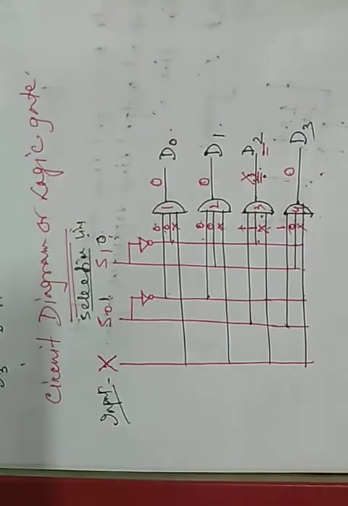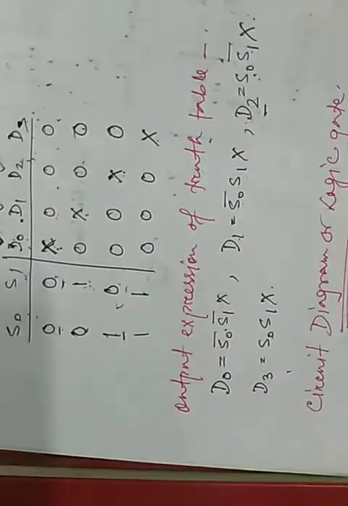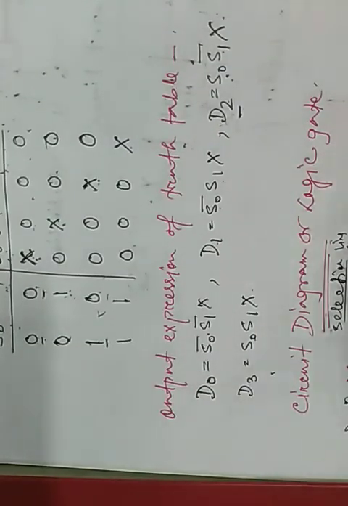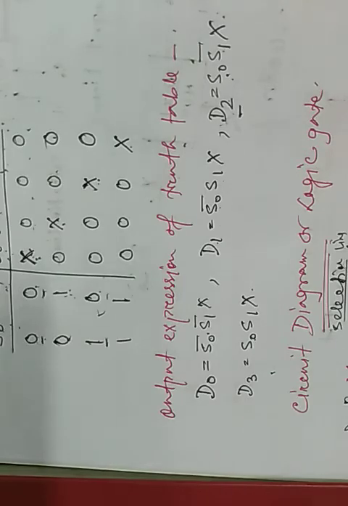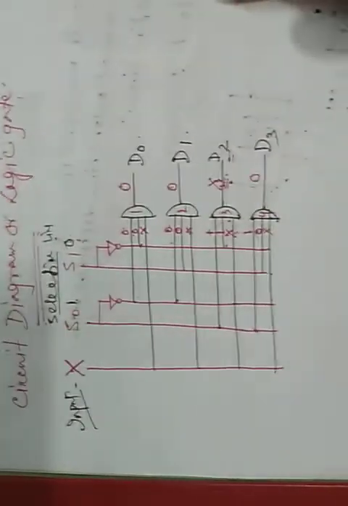So these are our circuit diagram, and this is our truth table and expressions of the demultiplexer. It is also known as an input selector combinational circuit.